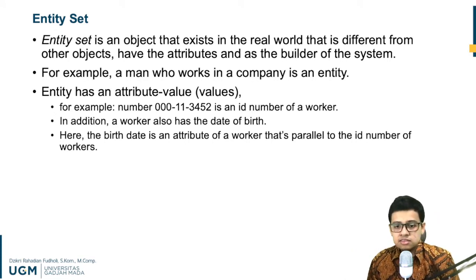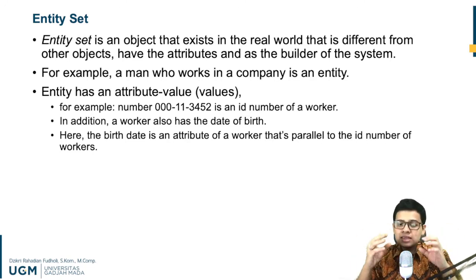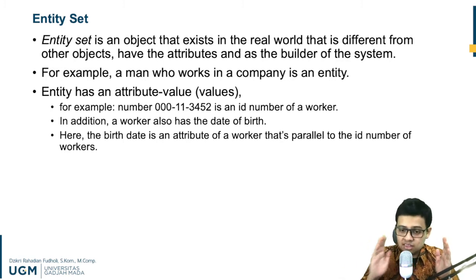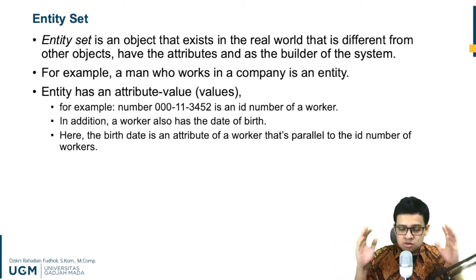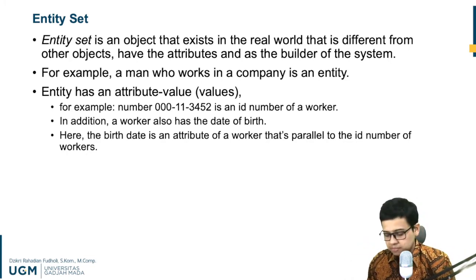That's an entity. So this is just like a real world object, and by combining these entities into a set, we are building a whole system of databases. So that is an entity set.